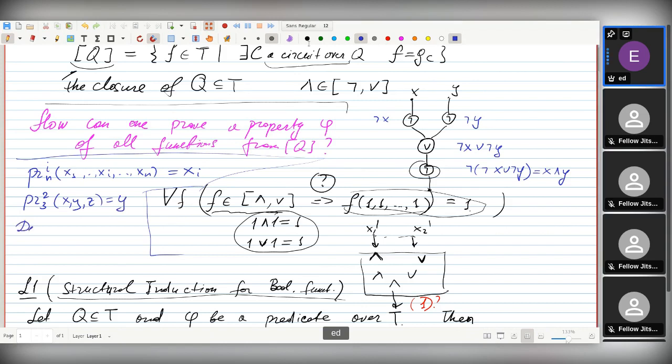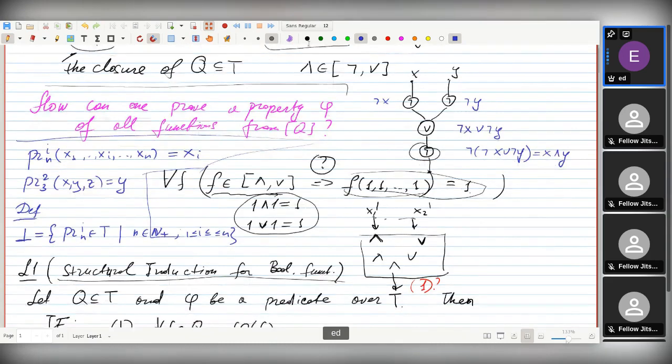And by definition, this bottom-like symbol stands for the set of all projectors. These are simplistic Boolean functions which return one of their arguments. It is quite clear. The set of all projectors.